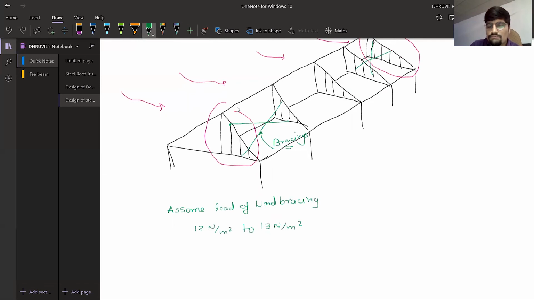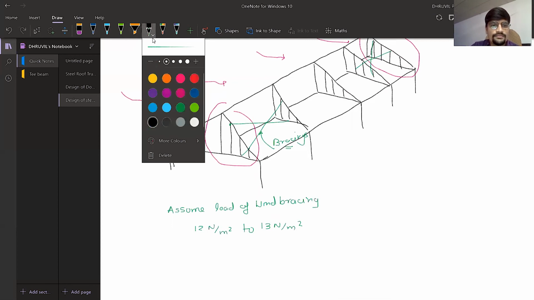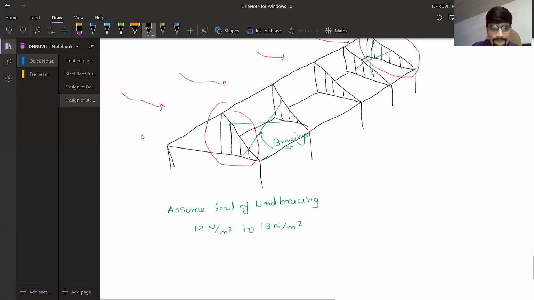You can assume either one of them. Okay, so let us assume 12 Newton per meter square.